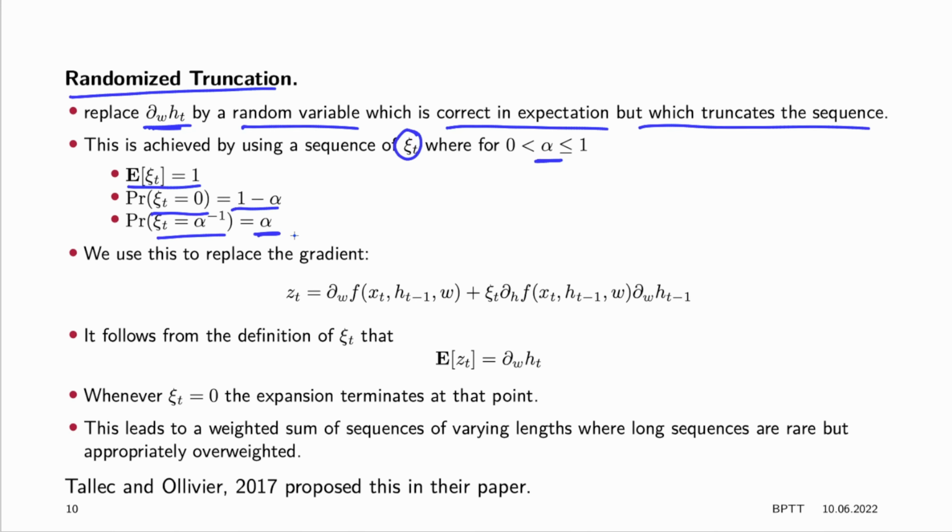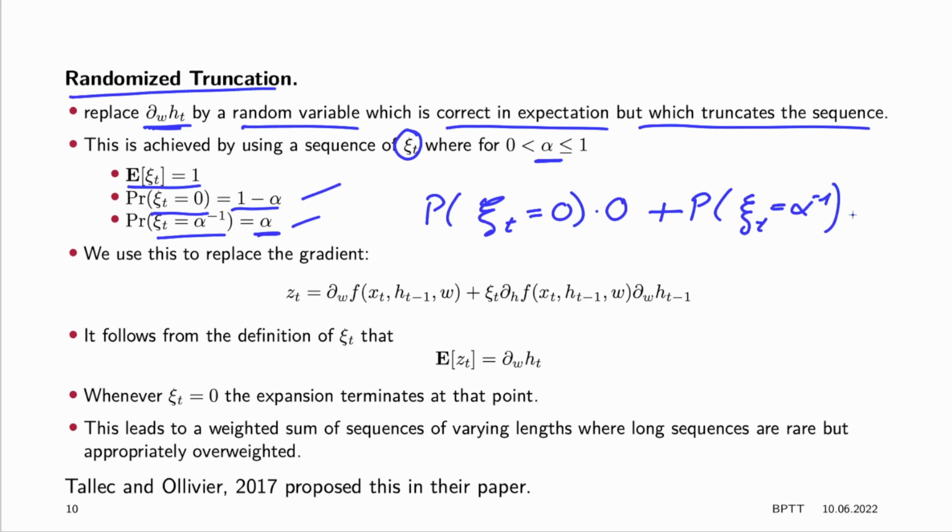If you look at the expected value of this, we have two different values. We sum over the two values. In the one case, we have the probability of ξ_t equals 0 times the actual value, namely 0, plus the probability of ξ_t equals alpha inverse times the value, which is alpha inverse.